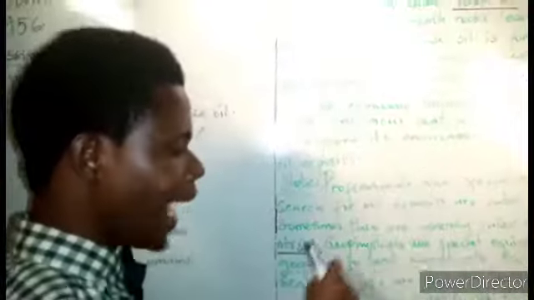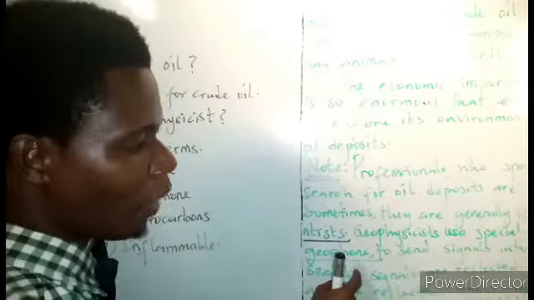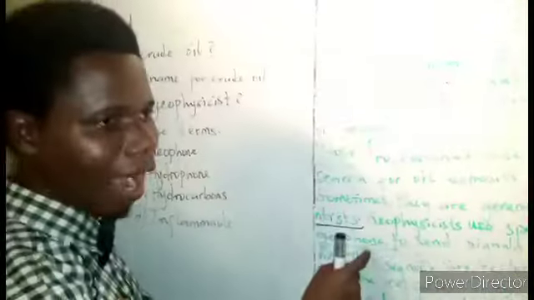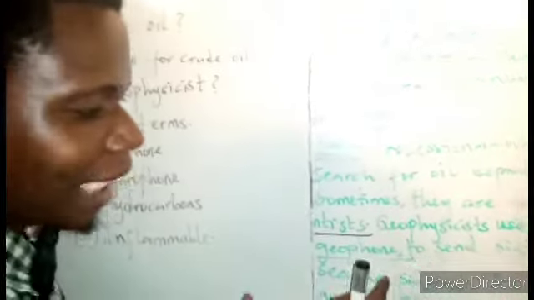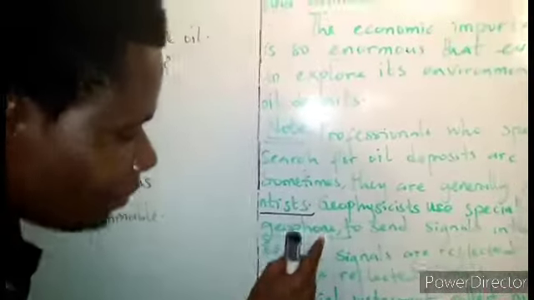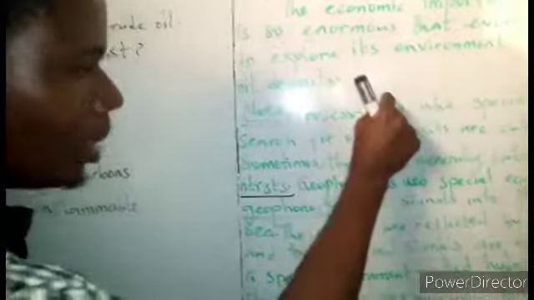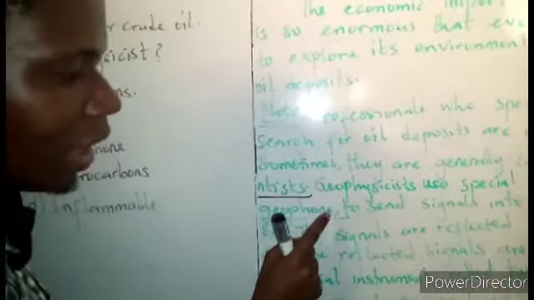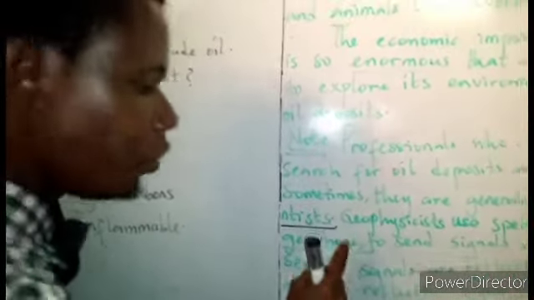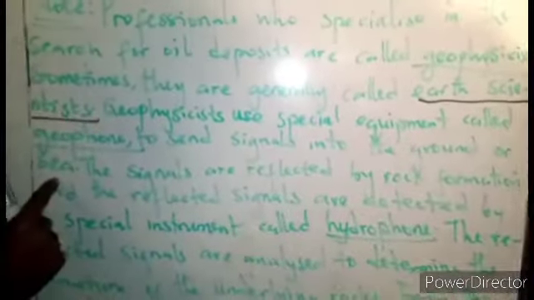Go to Google, type geophone, go to image, and check the image to look at the instrument or equipment so that you can know how it looks. Please, I won't be doing that now. Go to your Google and type geophone. Then go to image. Under image you see the equipment geophone. So they use geophone to send signals into the ground or sea.